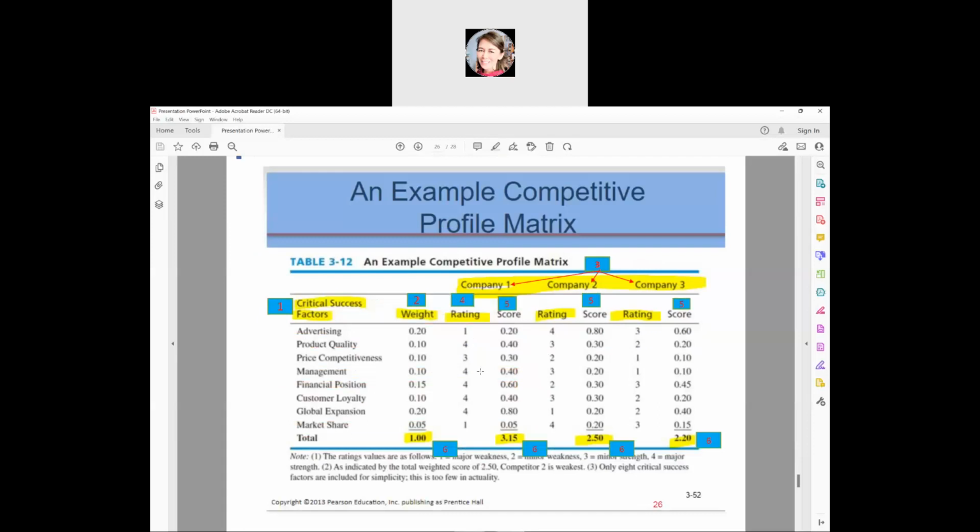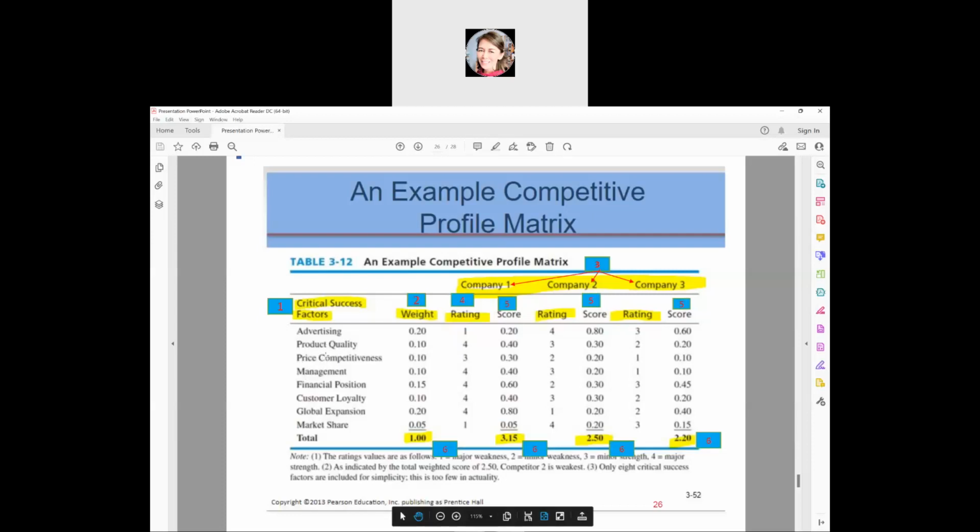Again, this is what it looks like. Just to mention as a guide, pay attention to the ones highlighted in yellow, CSF or critical success factors. Critical success factors are what affect the firm, and this is done via environmental scaling.